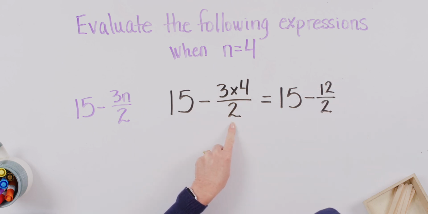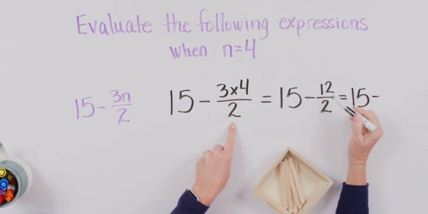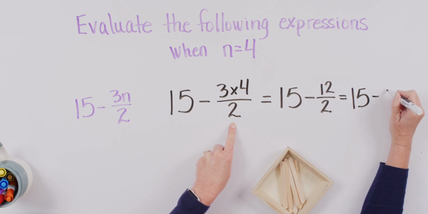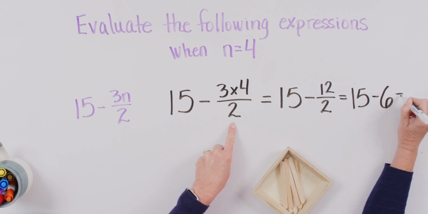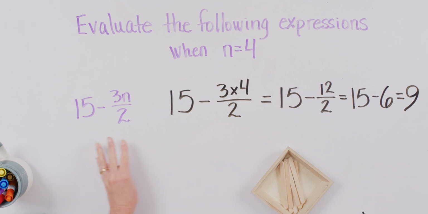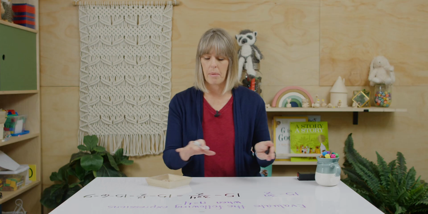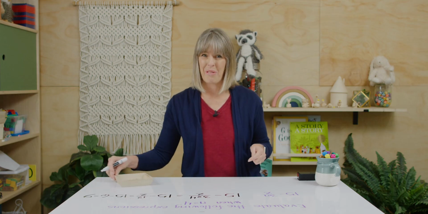You probably already have the answer, don't you? 15 minus 12 halves, which is 6. 15 minus 6 is going to give us a final answer of 9. So slowly work through it. Please do all the steps so you don't miscalculate or miss a number here and there, but really work through it all the way through.